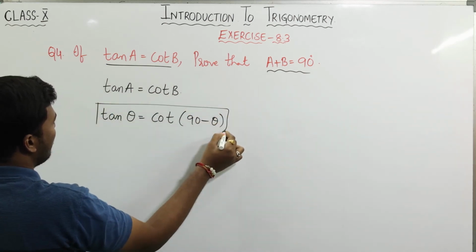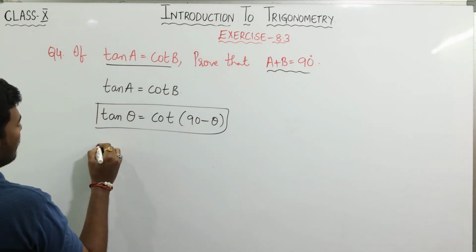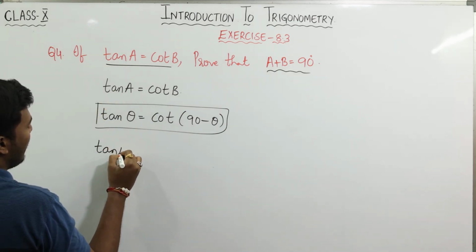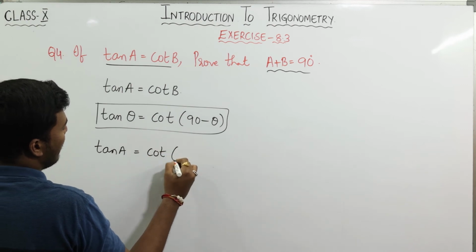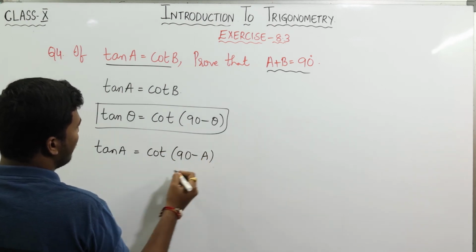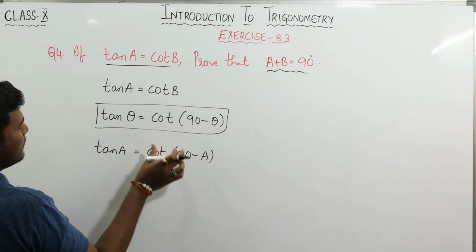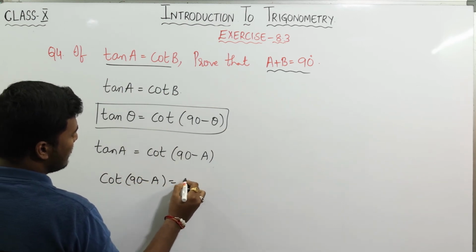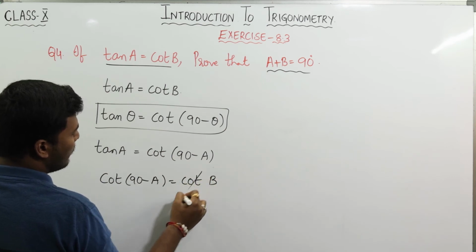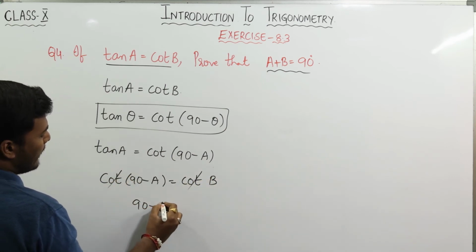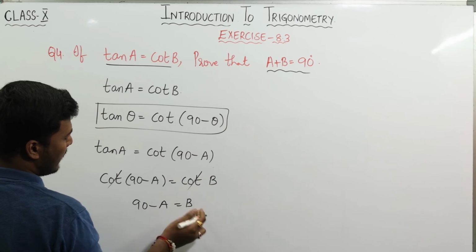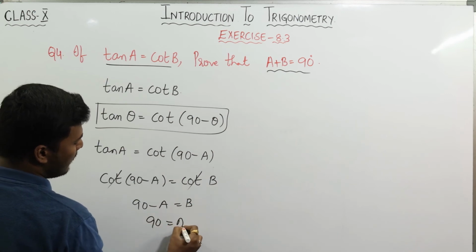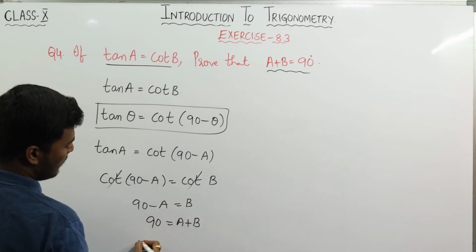But here in the place of theta, we have A. Then tan A can be written as cot(90 minus A), so I'm replacing tan completely with cot. That is cot(90 minus A) is equal to cot B. Both the sides cot gets cancelled. 90 minus A is equal to B. Shift A: 90 is equal to A plus B. So therefore, hence proved.